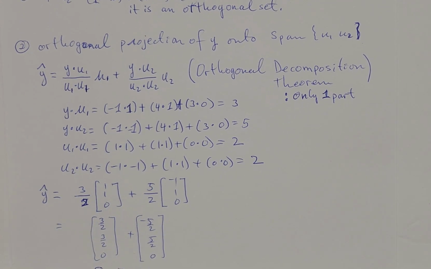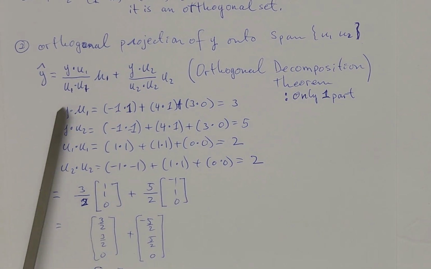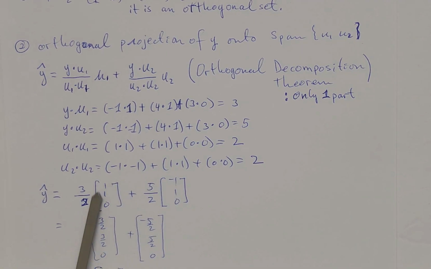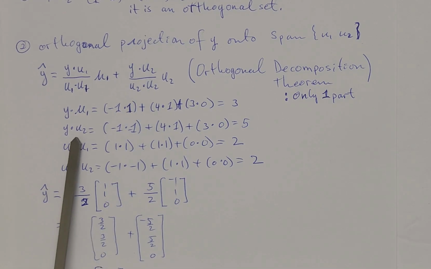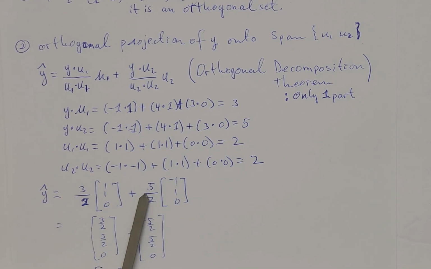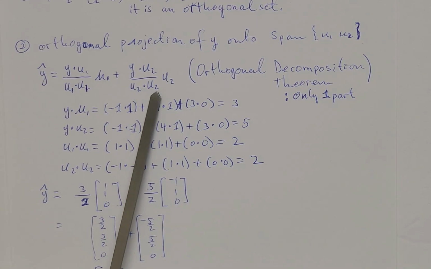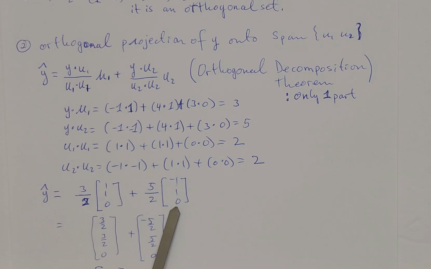So Y times U1, 3, over U1 times U1, 2, and then times U1, plus Y times U2, 5, all over U2 times U2, 2, and then times U2.